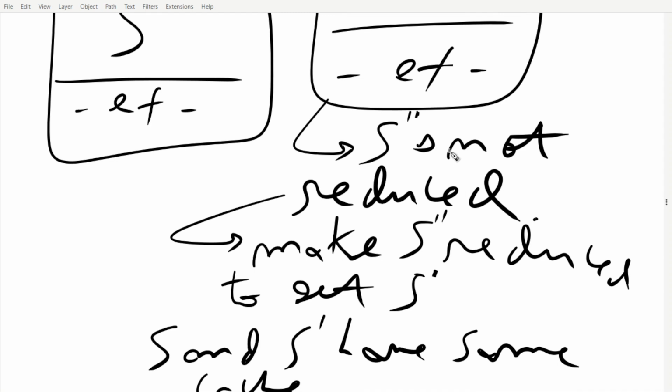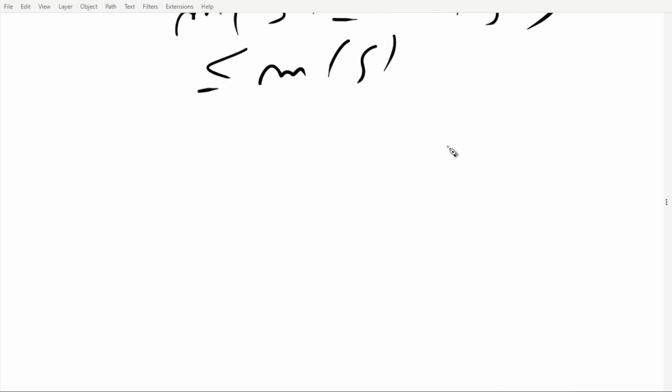Now there are two more cases. The 3E case we consider.